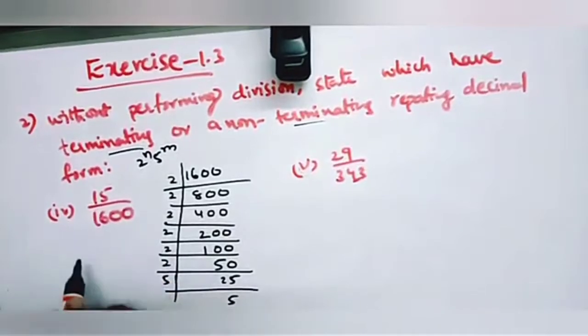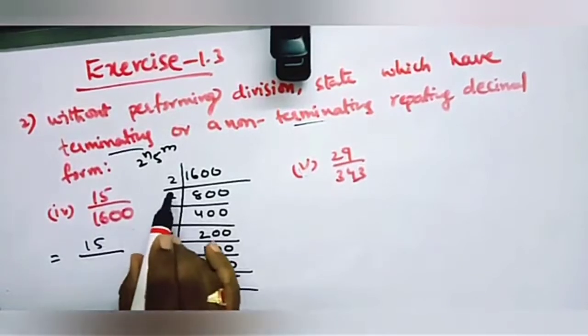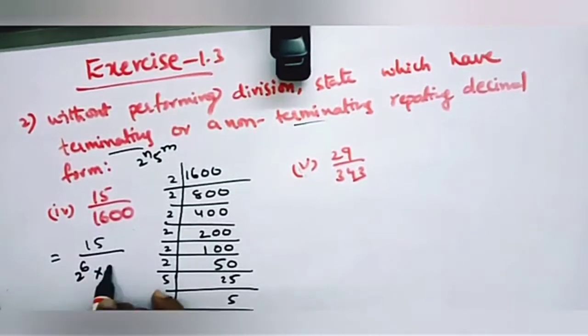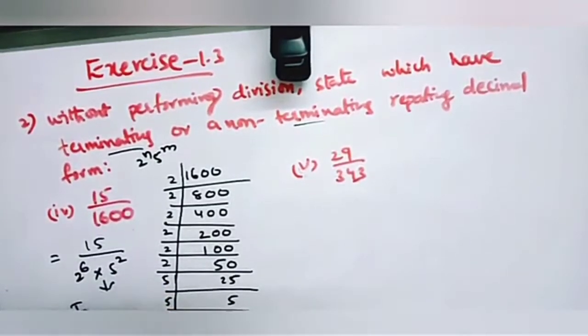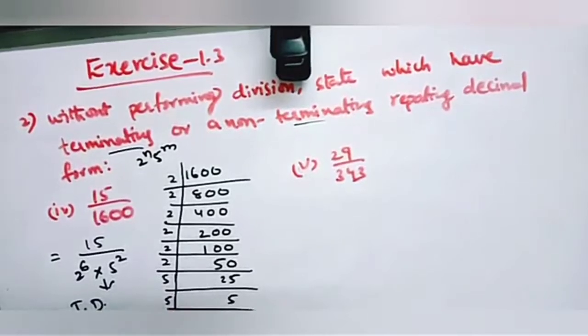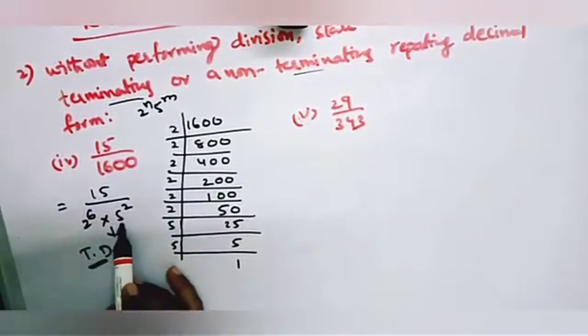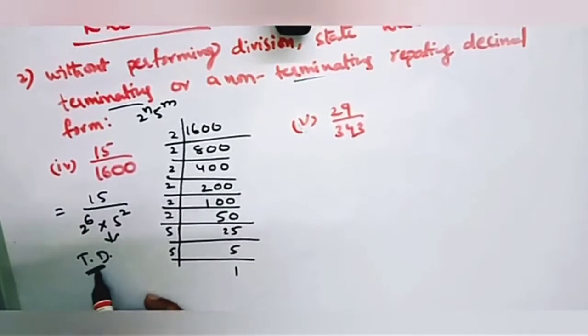So here, see the denominator, we are getting six 2's. So 2 power 6 into 5 square. So it is a terminating decimal. Why? Because the denominator is in the form of 2 power n and 5 to the power of m.